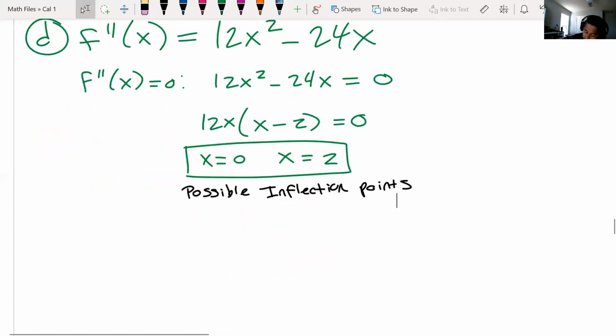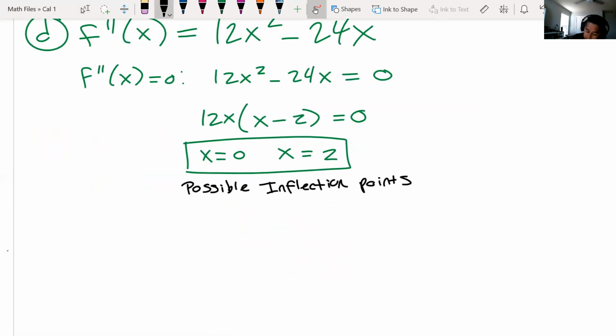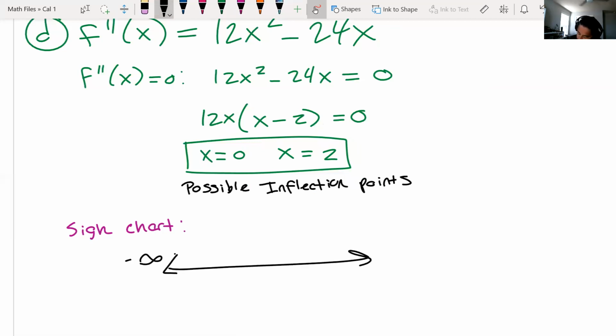What we do next is make another sign chart. Negative infinity to infinity.